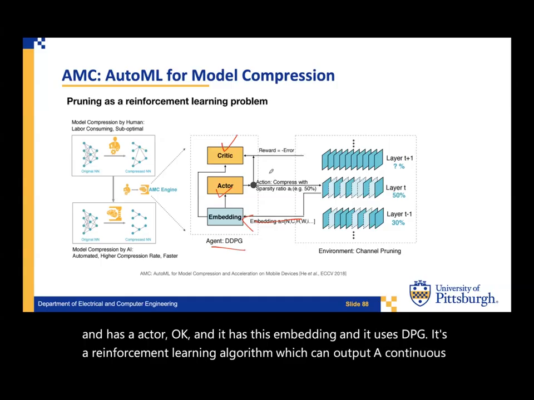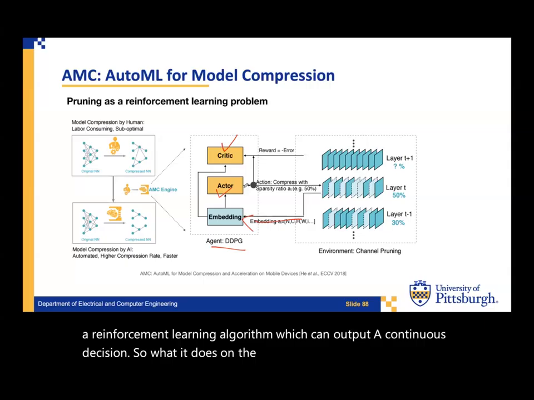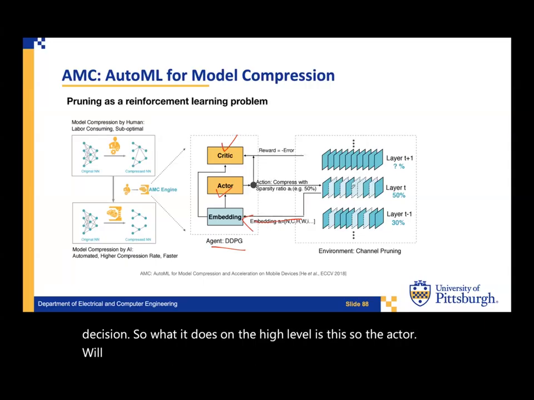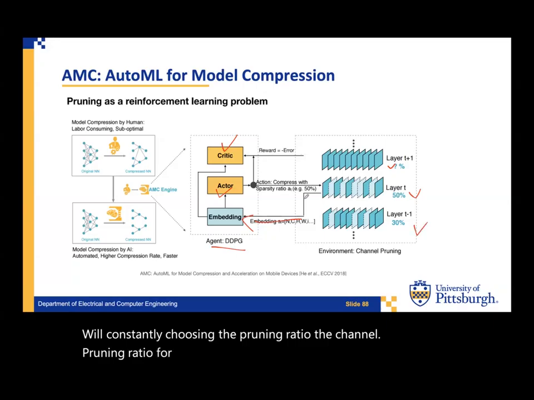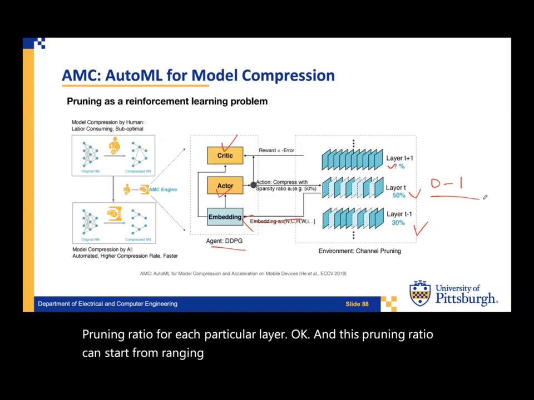So what it does at a high level is this. The actor will constantly choose the channel pruning ratio for each particular layer. This pruning ratio can range from 0 to 1, and it can be any arbitrary floating point number.